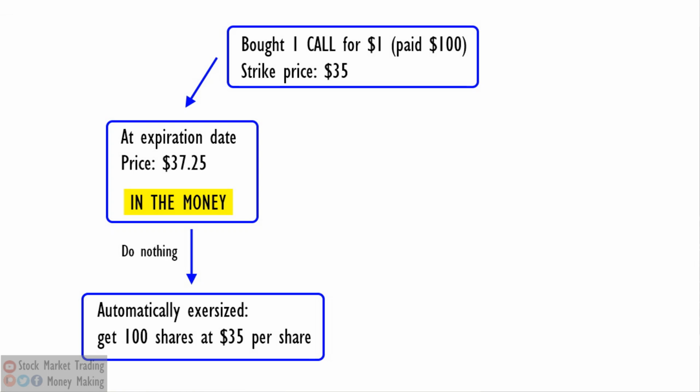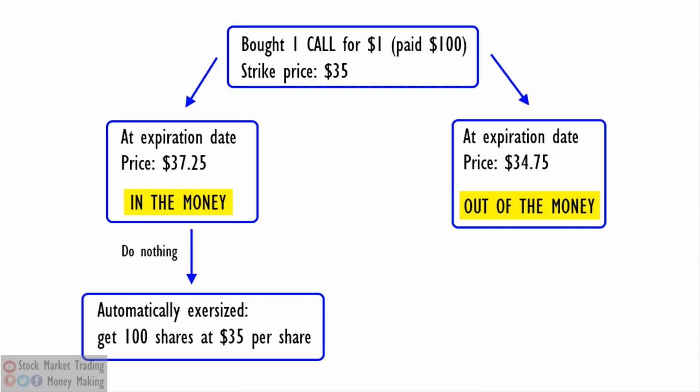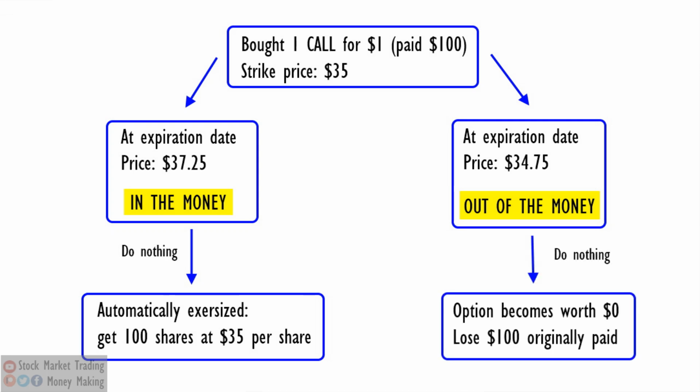Now, let's assume that at expiration, XYZ stock is trading at $34.75 per share. In this case, your call is out of the money, and if you don't do anything, then by the end of the expiration day, your option will become worthless or zero, and you simply lose whatever you've originally paid for this option, which is $1 times one contract, or 100 shares, equals $100.